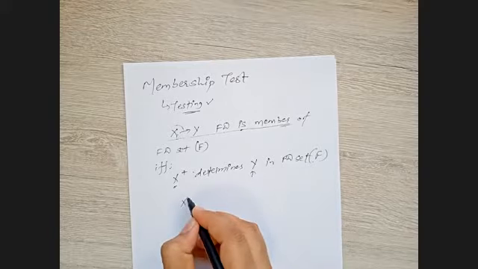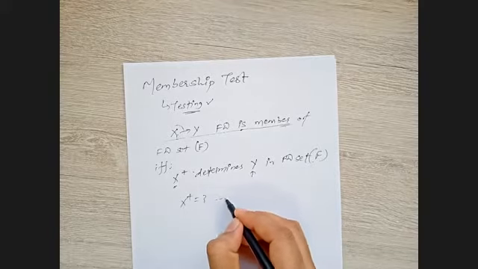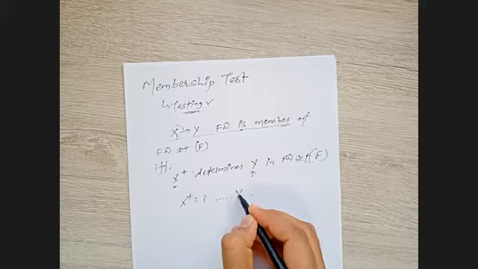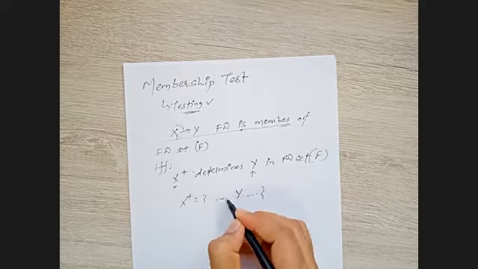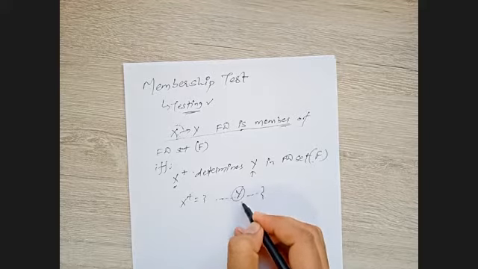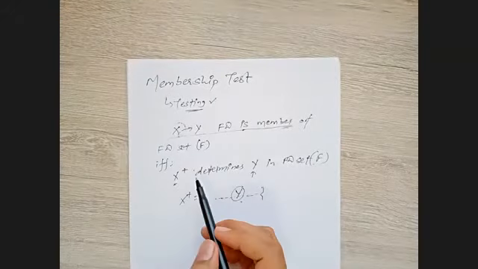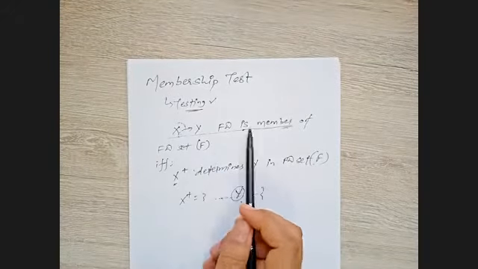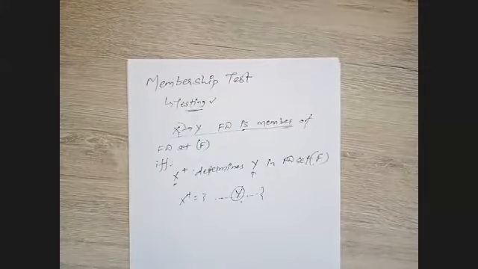In X closure there can be many attributes, but there should be Y. We are not bothered about anything else, but it should contain Y at least. Only then can we say that X determines Y is a member of this functional dependency set.